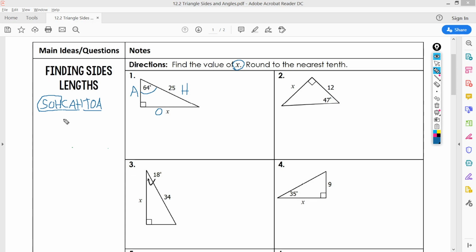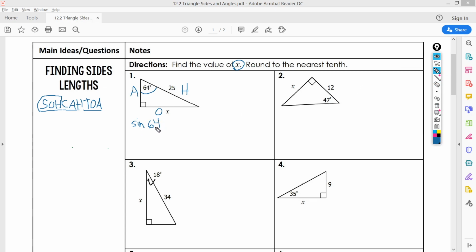So the way you figure out which of the three you use is by looking at which side's given to you and which side you're looking for. So that means I know I'm going to use sine. Not just sine of 64, right?